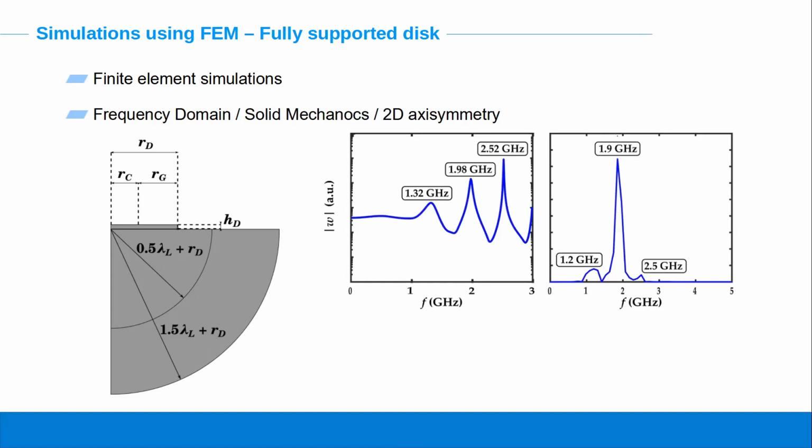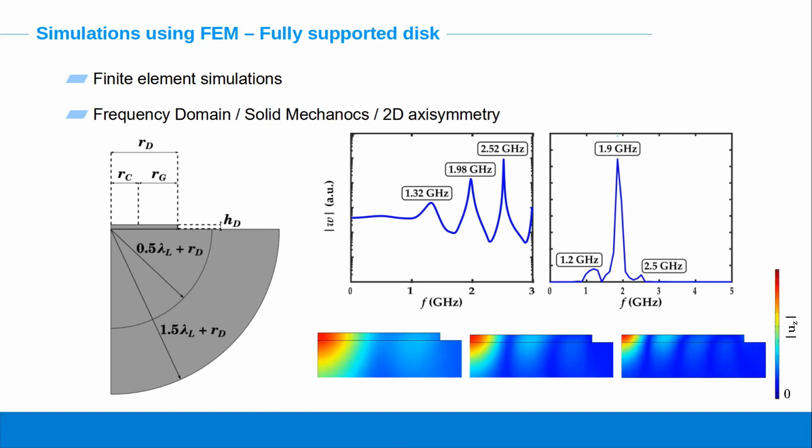What we can obtain with such a model for a nanodisk without etching, looking at the surface normal displacement on top of the disk, is a spectrum with 3 components with frequencies relatively close to the ones obtained experimentally. And each one of those components can be associated with one of the eigenmodes of the structure.